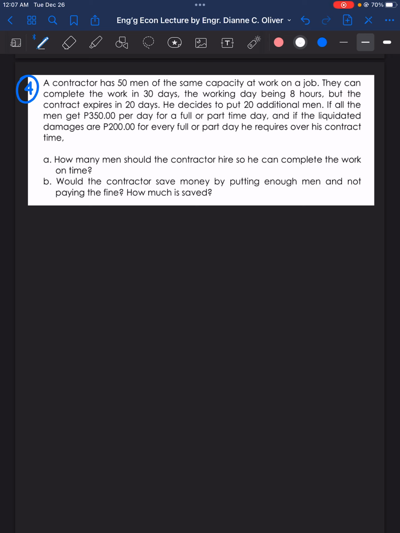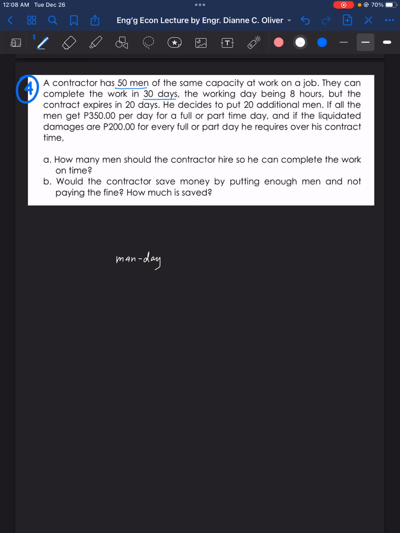Total number of men to finish. So we will use the man-days equation. For 50 men, it says here, the contractor already has 50 men and they can complete the work in 30 days. The contract requires that the project should be finished in 20 days.